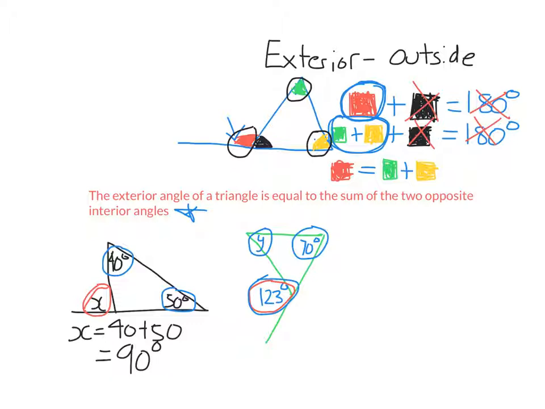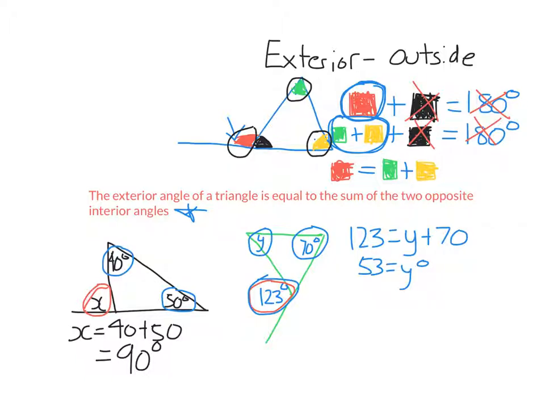The exterior angle 123 is equal to the sum of the 2 opposite interior angles. So you just have to say, what do I need to add to 70 to get 123? So in this case, y is 123 minus 70, which gives you 53 degrees. How easy is that?